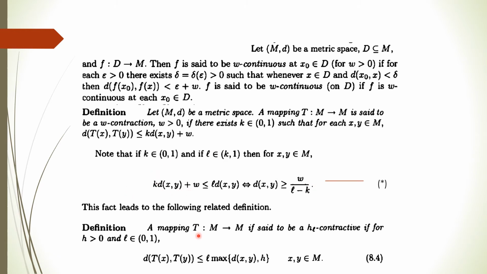So this leads to a new definition. A mapping T going from M to M is said to be HL contractive if for h greater than 0 and L belonging to (0,1), the distance of Tx, Ty is less than or equal to L times the max of d(x,y), comma, h. So if you take L to be 1, this is h contractive.